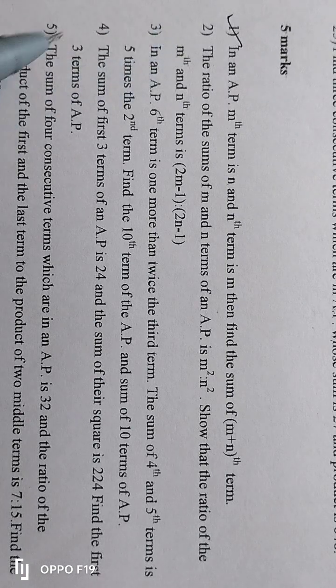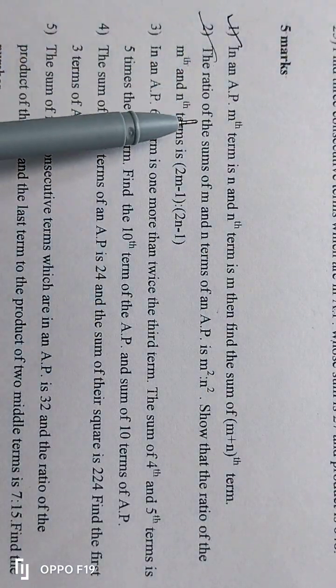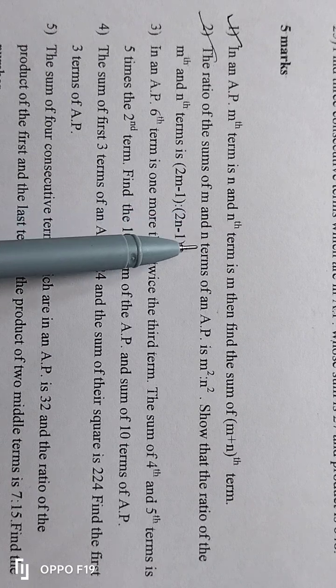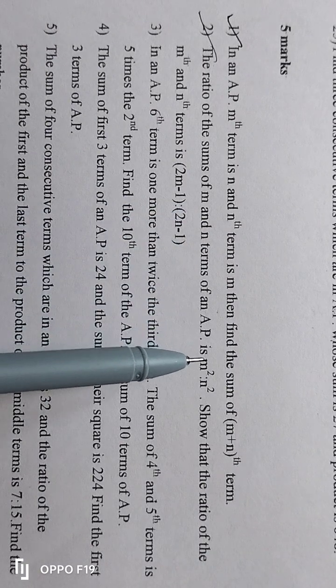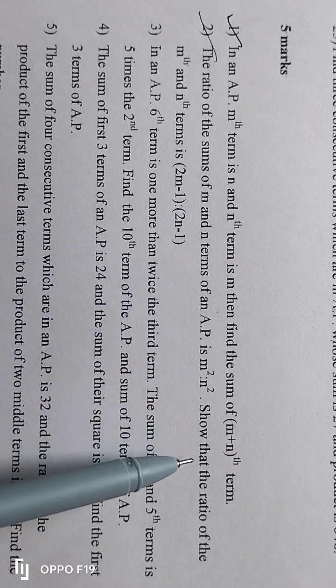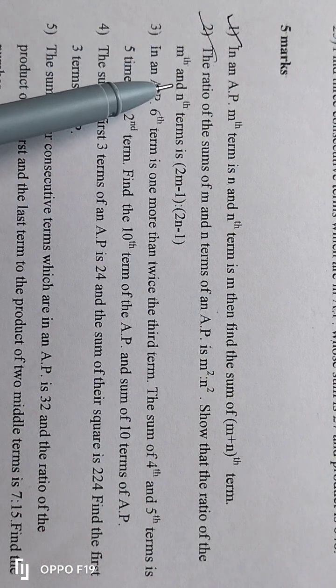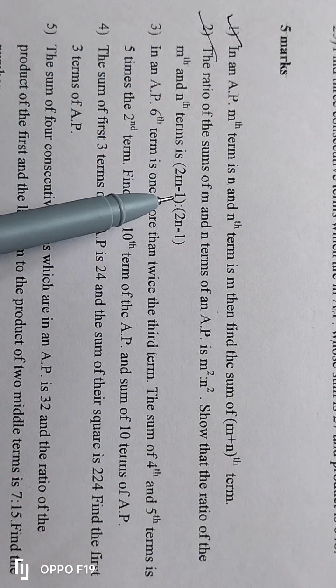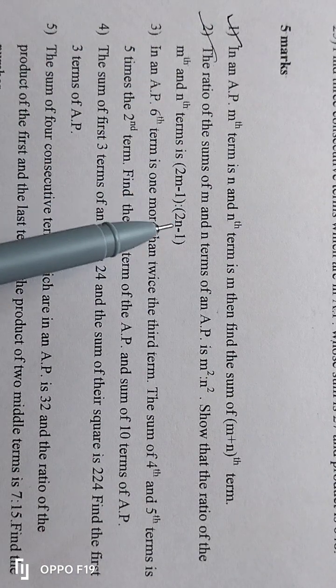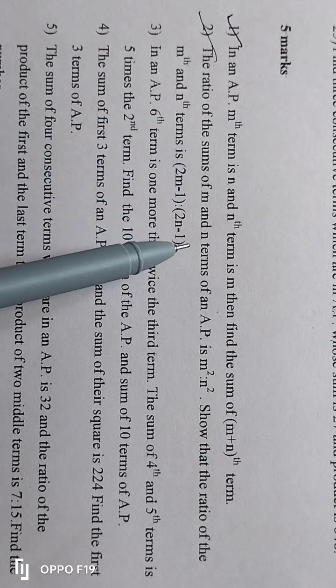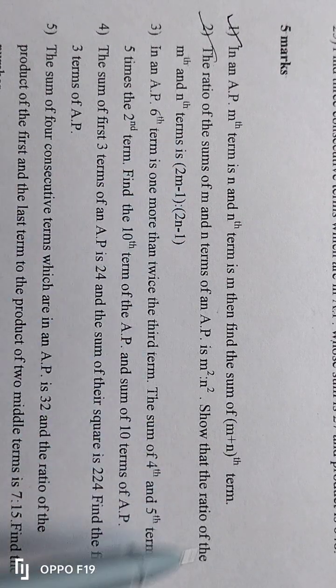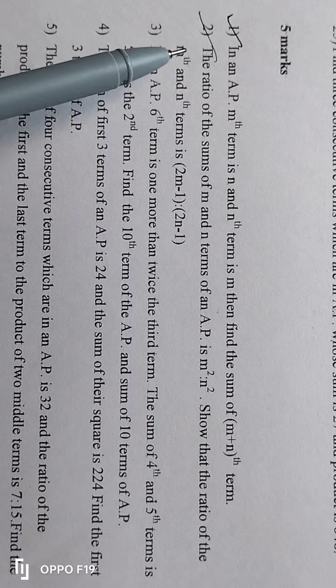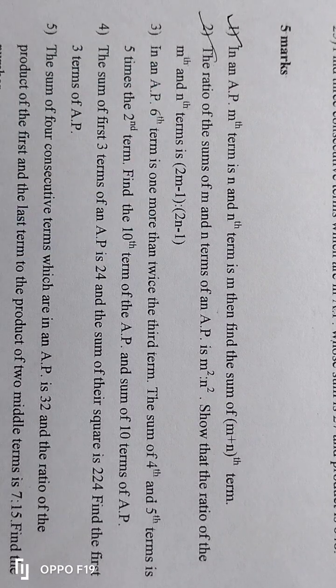The second question is: the ratio of the sums of m and n terms of an AP is m square is to n square. Show that the ratio of the mth and nth terms is 2m minus 1 is to 2n minus 1. That is, show that the ratio of the mth term am is to an is 2m minus 1 is to 2n minus 1.